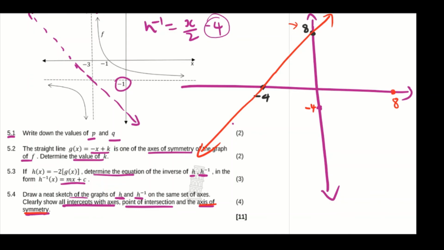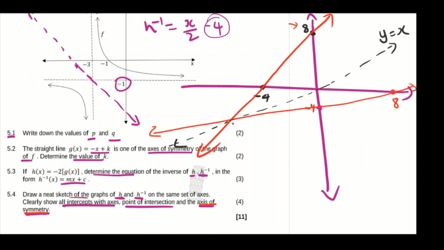So when you draw, it's going to look something like this, right? And now that we drew this, we need to indicate our symmetry, right? So our symmetry is going to go in between these inverses, past the origin and go straight up, right? So it's going to be our y is equal to x, right?